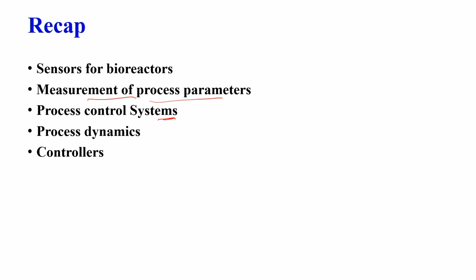First is the measured variable or the measuring instrument, then it sends the signal to the controller, then the controller compares this signal with the set point or the desired value, then it transmits the signal to advanced process control, and then it manipulates, does the corrective actions on the process. So, in this way the process control works.